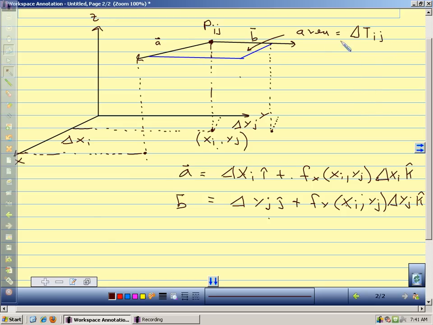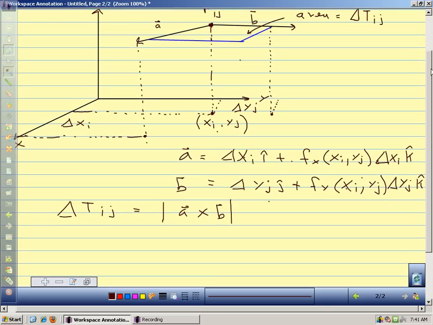So the area of that small piece of the tangent plane, delta T, is the magnitude of the cross product of A and B. That's one of the properties of the cross product. So this gives us a way to analyze our surface area.